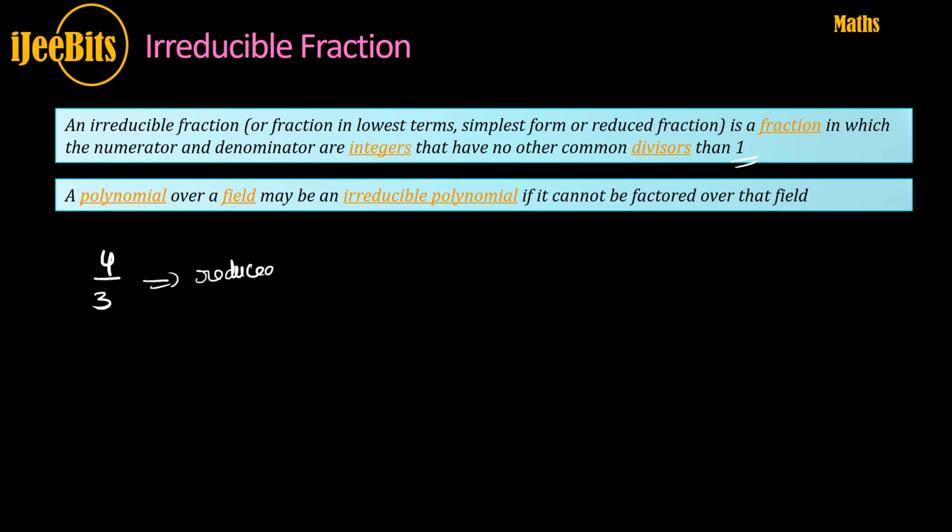You cannot reduce this further, and hence this is called an irreducible fraction. Think about 3 by 7. What is the common factor we have? 3 1s are 3, 7 1s are 7. So only 1 is common. Other than 1, we don't have any other common divisor, and hence this is also an irreducible fraction.